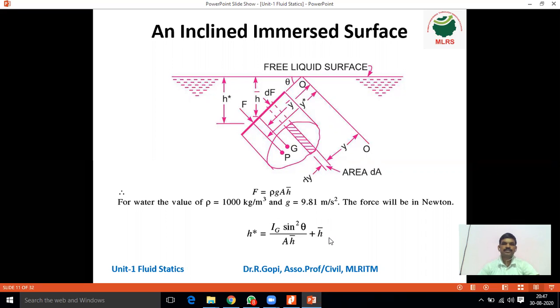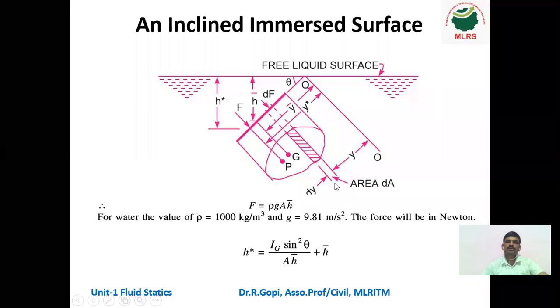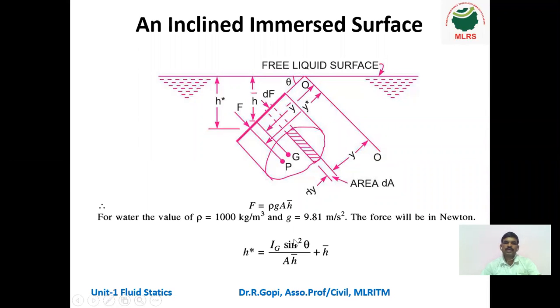So here we can write an additional term, sin square theta. In case of a vertically submerged surface or horizontally submerged surface, we have the formula Ig divided by A h bar plus h bar.